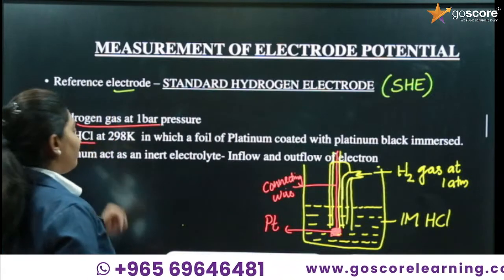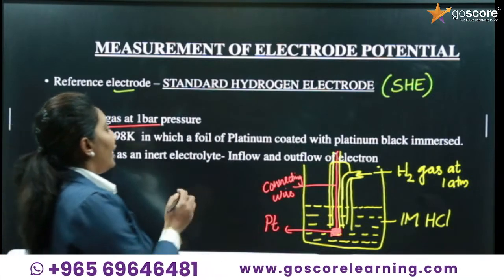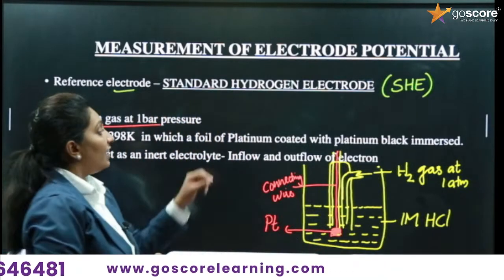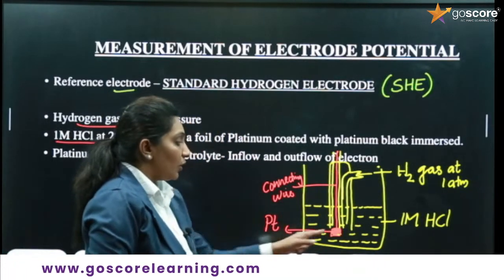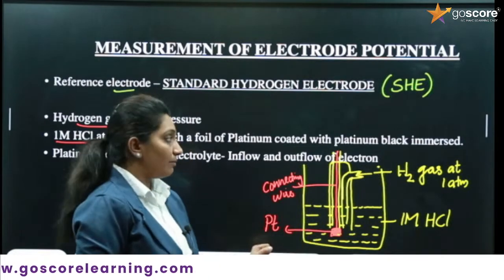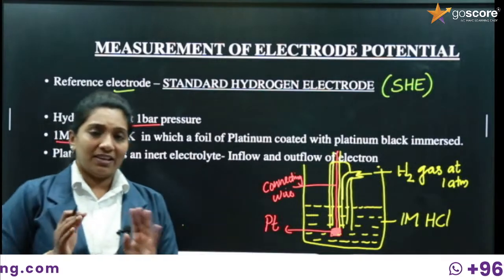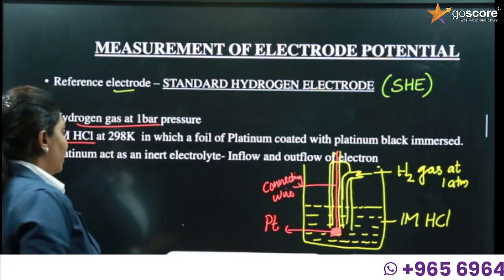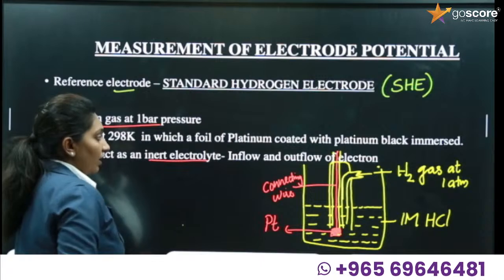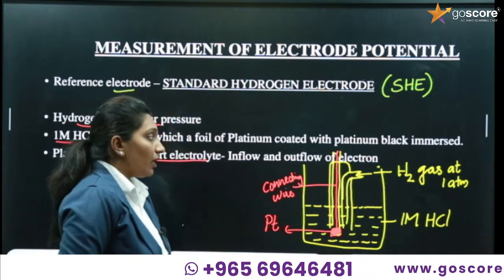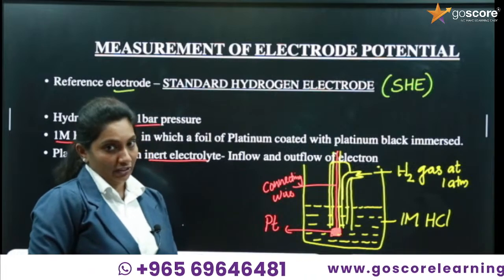We are maintaining the temperature at 298 Kelvin, in which this 1 molar HCl at 298 Kelvin has a platinum coated with platinum black immersed in it. This platinum will act as an inert electrode and thereby help in the inflow and the outflow of electrons.